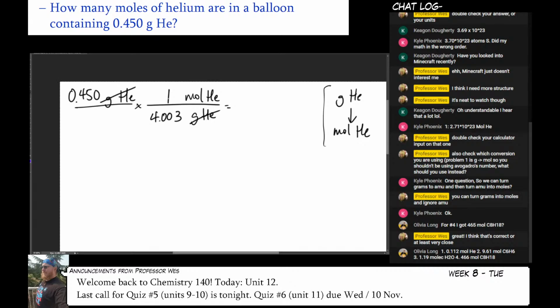And so when I do this calculation, I get 0.112 moles of helium. All right, so that's the first one.